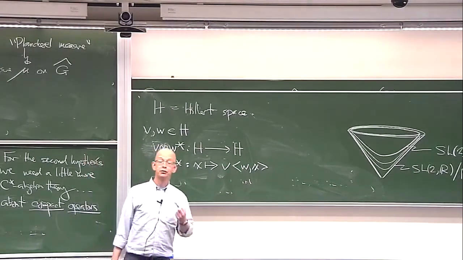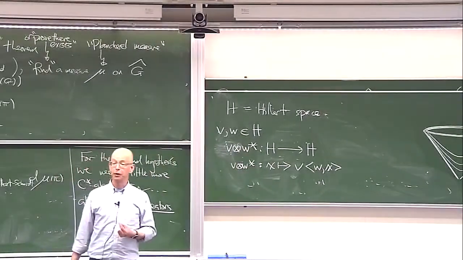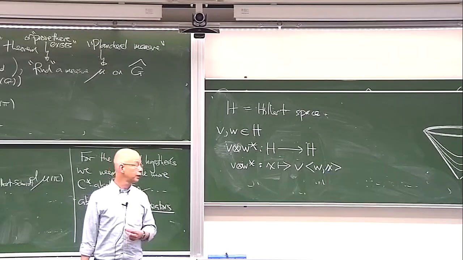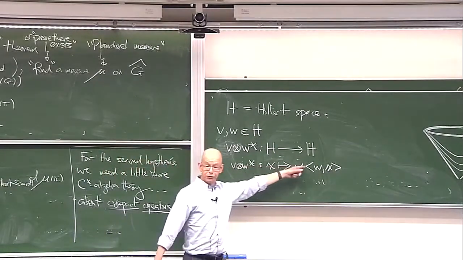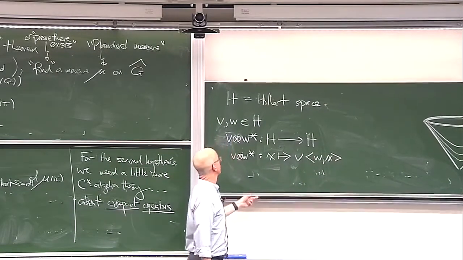This is an operator whose range is one-dimensional, as long as V and W are not zero. So at most one-dimensional. It's a finite rank operator. In fact, every operator whose range is at most one-dimensional is obtained in exactly this way.